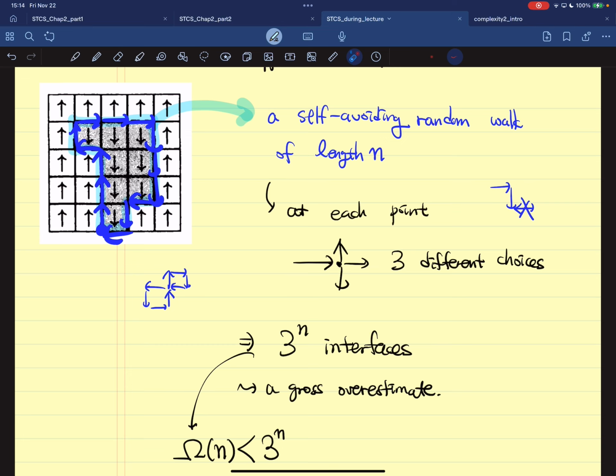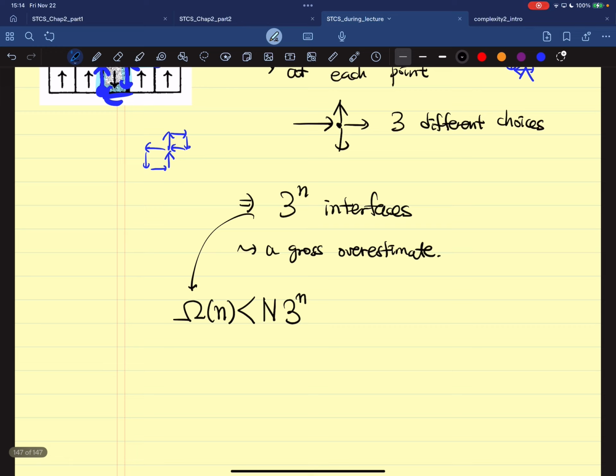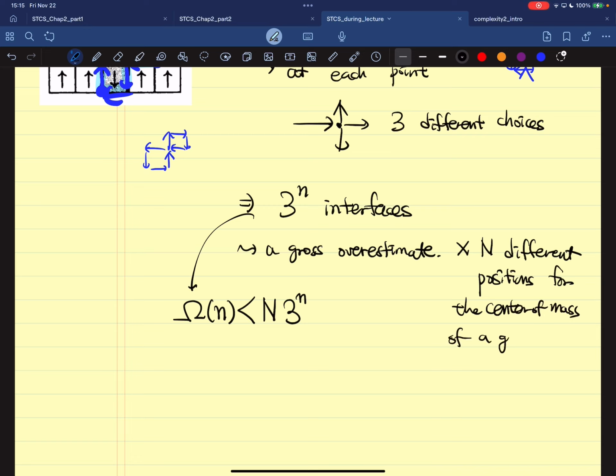So in fact, there should be an extra factor n here. Still quite an approximation, but times n different positions for the center of mass of a given interface.